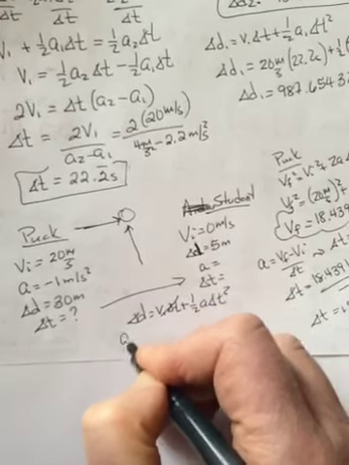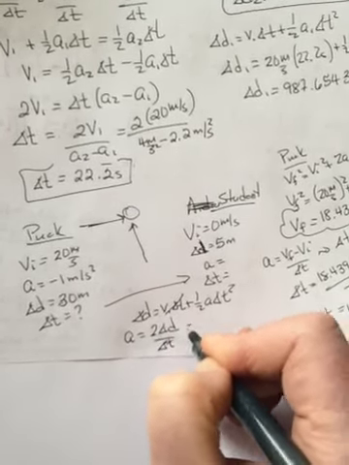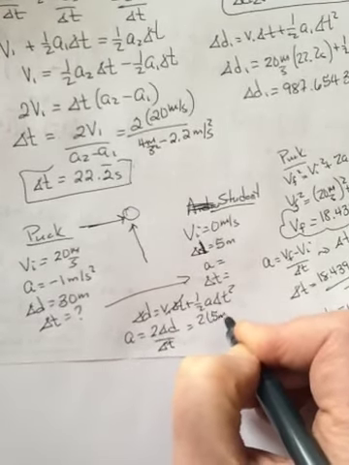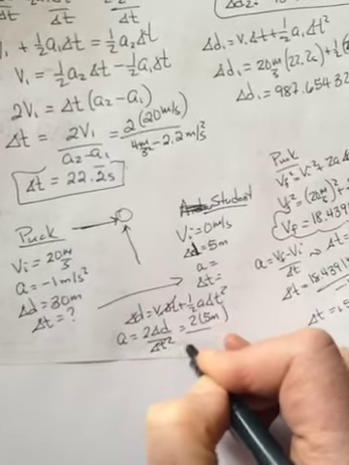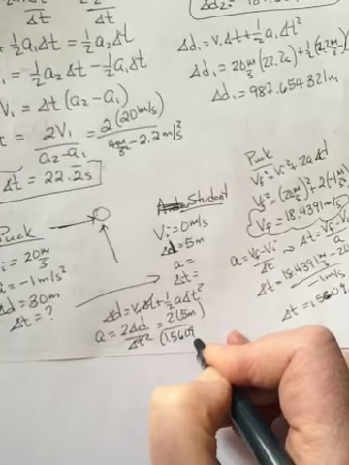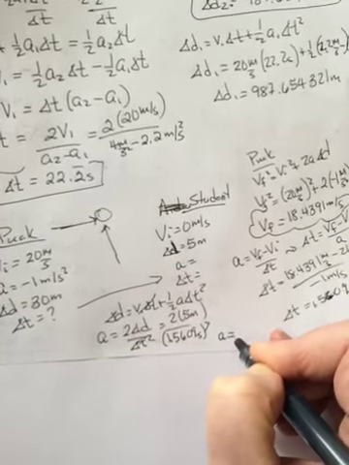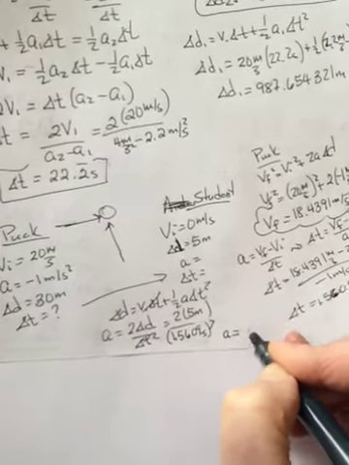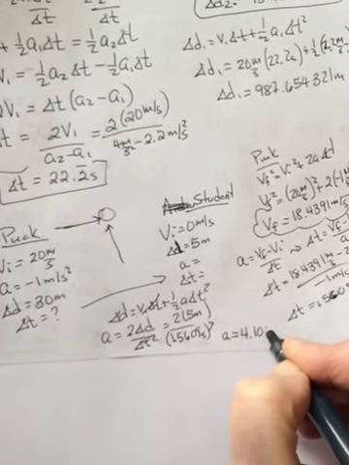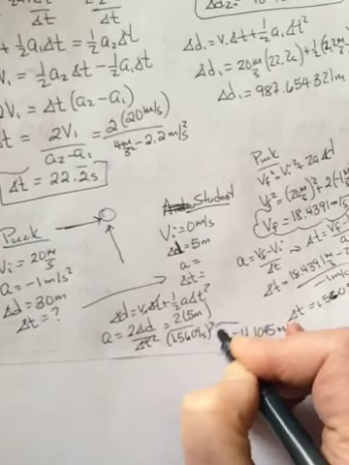This goes to 0, so A is going to be 2 delta D over delta T squared, so 2 times 5 meters over 1.5609 seconds squared. And you end up getting an A of 4.1045 meters per second squared.